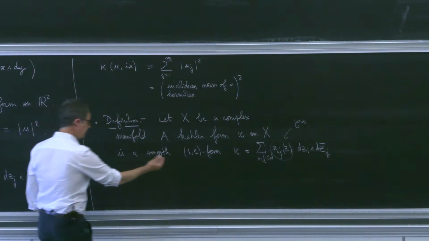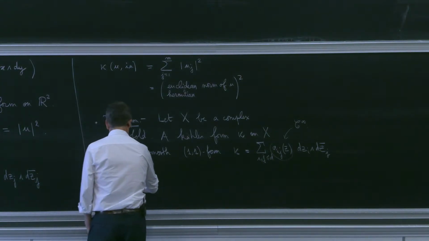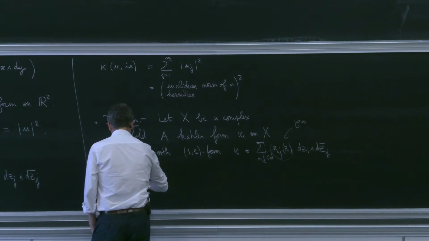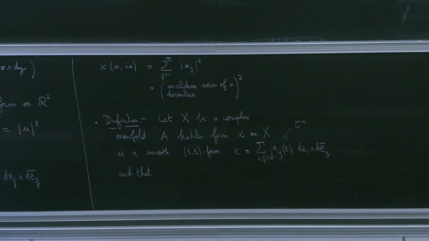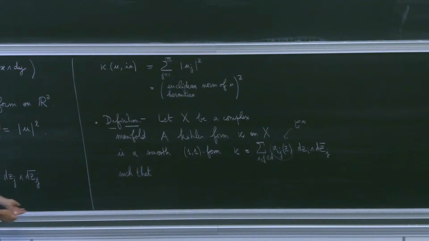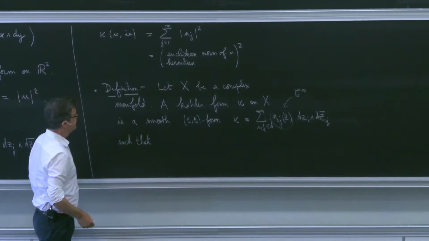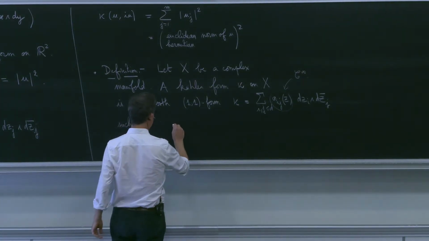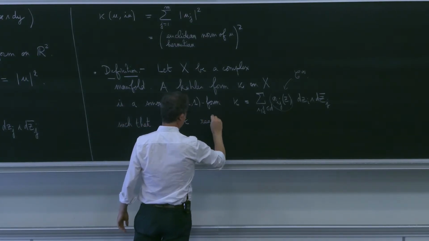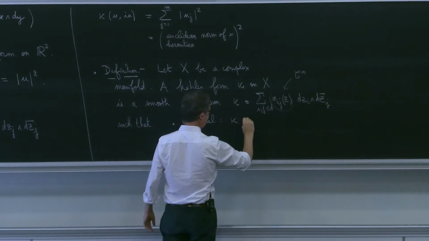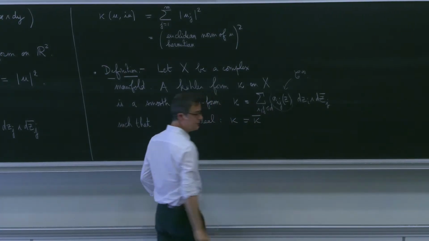Okay, so that's being a smooth form of type (1,1), such that, I will put 3 conditions. In fact, there is some kind of redundancy in these definitions, but I want kappa to be real. By this I mean kappa is equal to kappa bar.